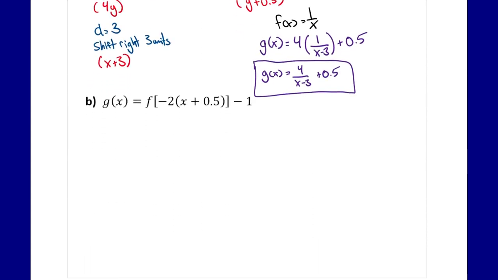For B, we're going to go through and do the same thing. Right? Different transformations. So I'm going to highlight all my values. I have a K value of -2, which becomes 1 over -2, right?